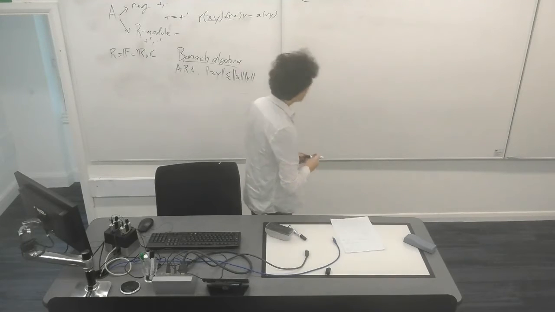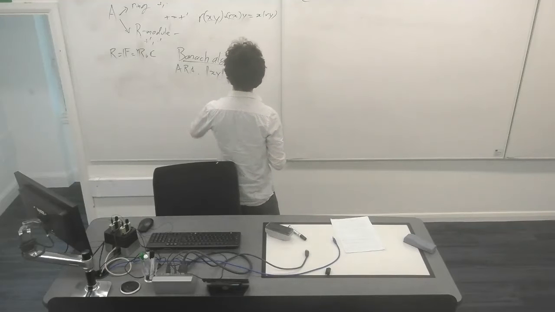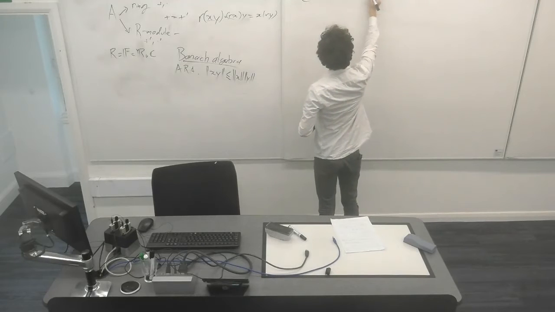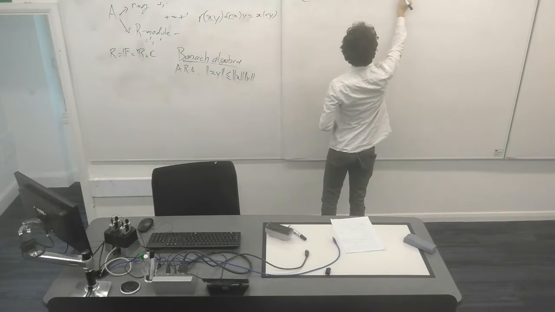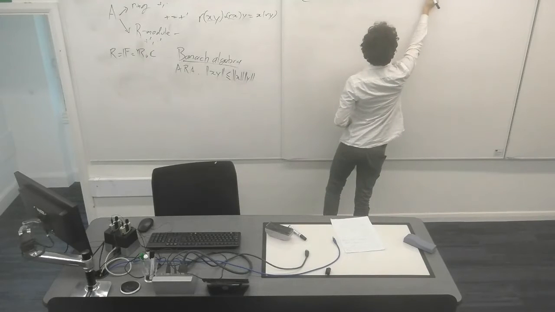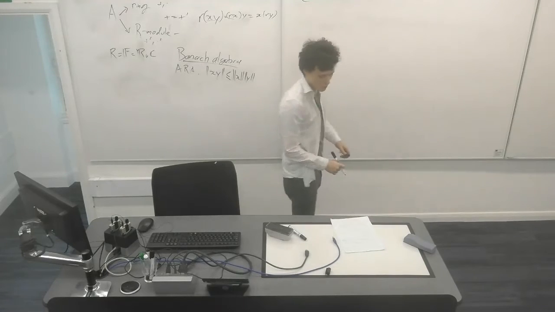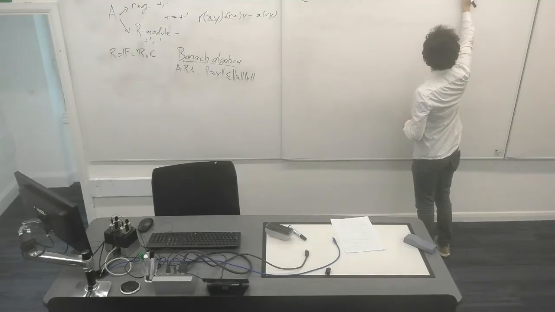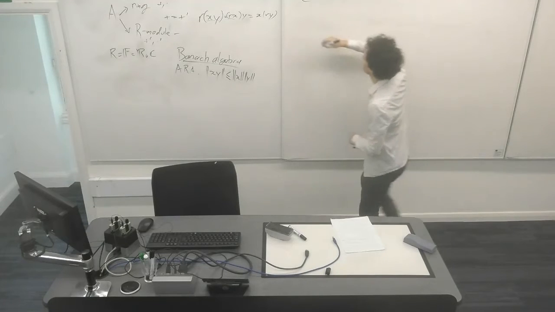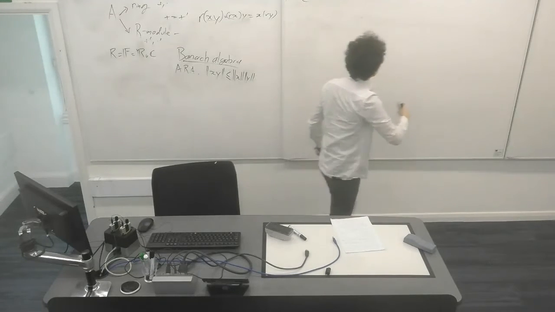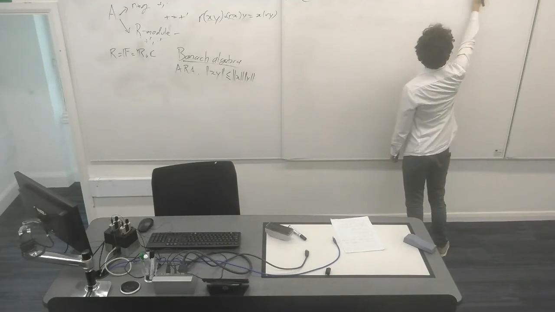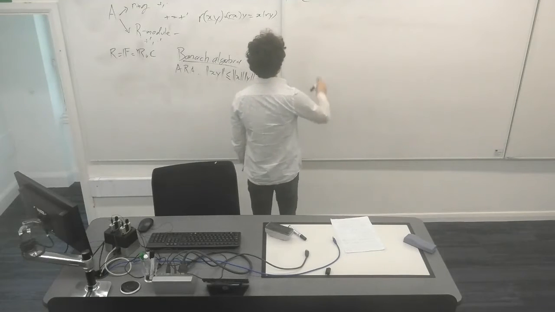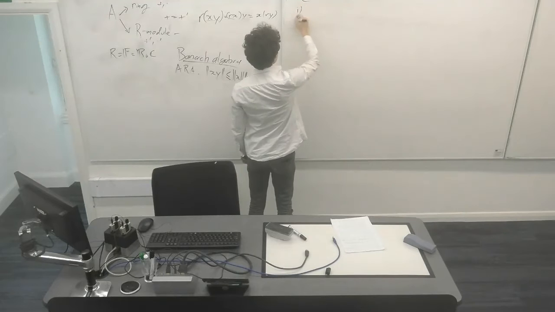A C-star algebra is a Banach algebra, and we're using A for algebras from now on, with a function which takes x to what we'll call x star, such that this function has the following properties.